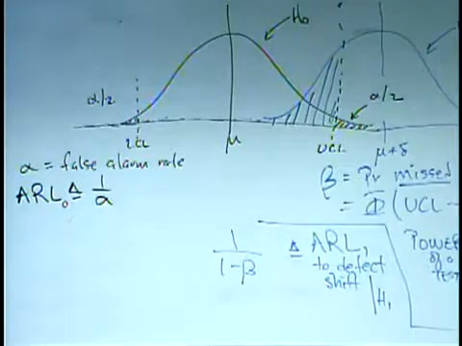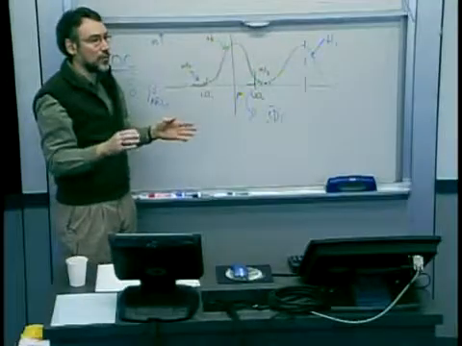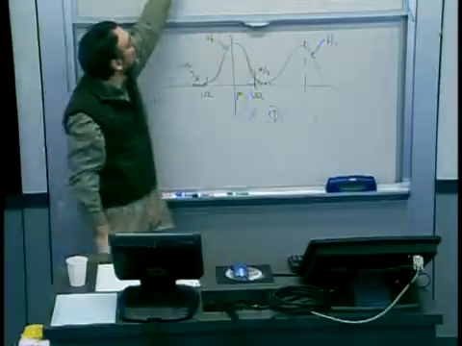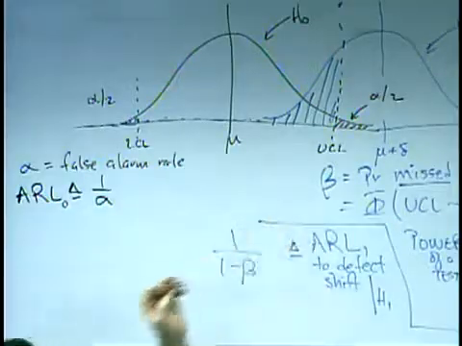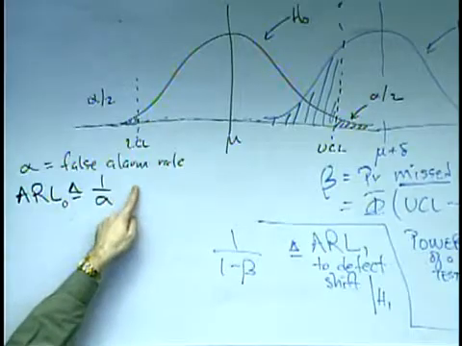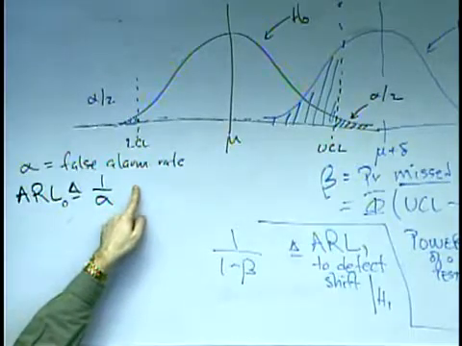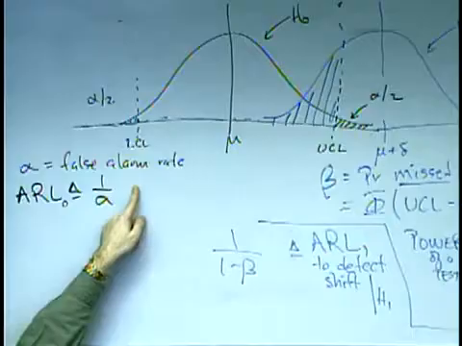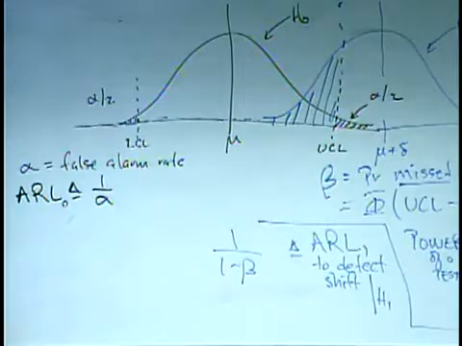What's interesting about classic control chart design is the upper control limit and lower control limit are based on the statistics. So they are based on alpha. We nail down alpha first, and then set the upper and lower control limits.